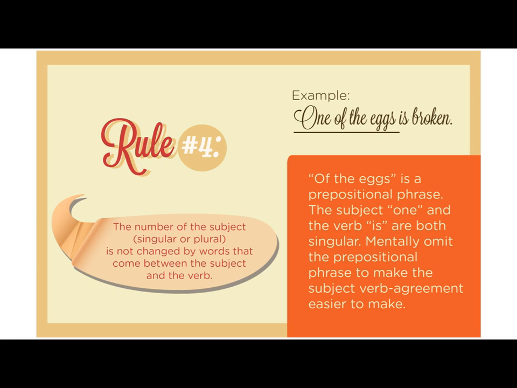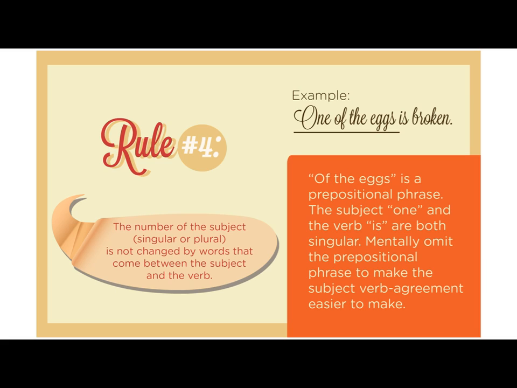Next rule. One of the eggs is broken. For this rule, the number of the subject, singular or plural, is not changed by words that come between the subject and the verb. Example, one of the eggs is broken. They have entered the word eggs.